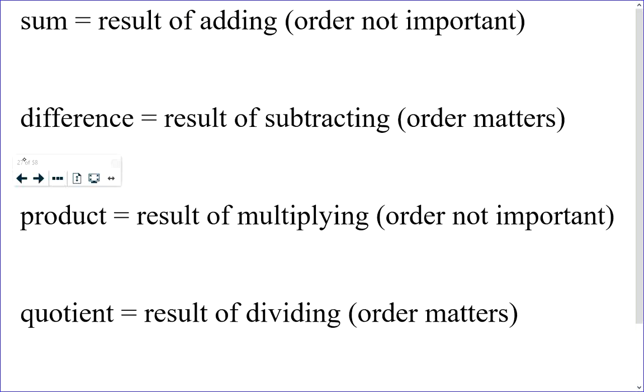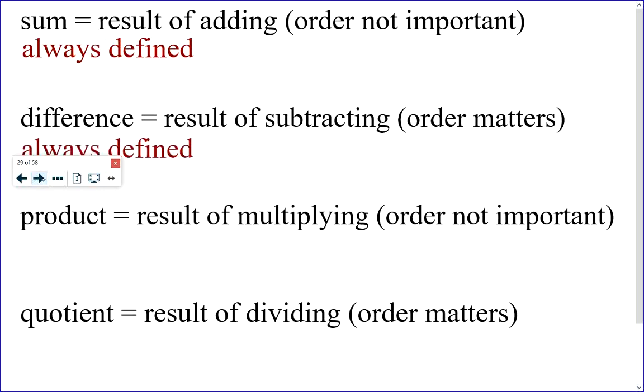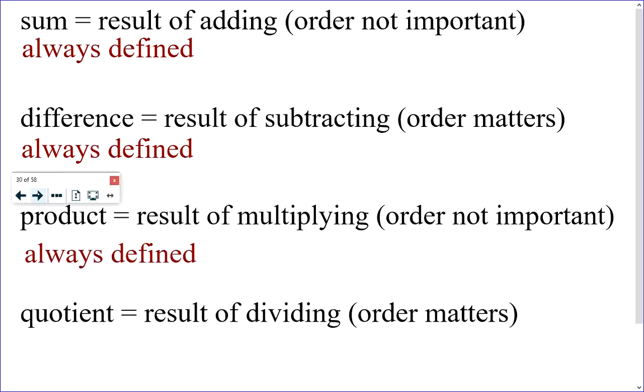There's another issue, though, that I want to talk about with these 4 operations. As long as you have 2 things that exist, you can add them. The sum of 2 defined values is always defined. If you have 2 defined values, 2 values or things that really exist, then you can always subtract them. And you can always multiply things that exist.